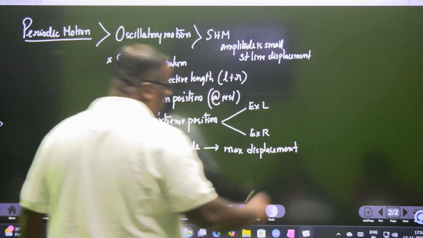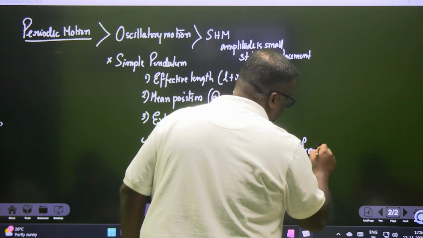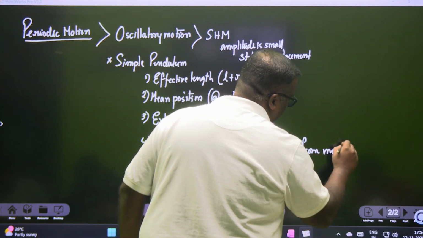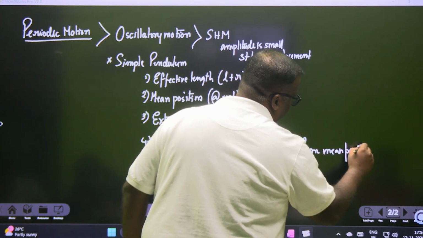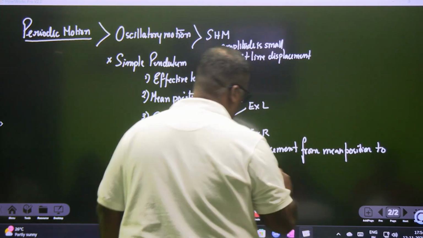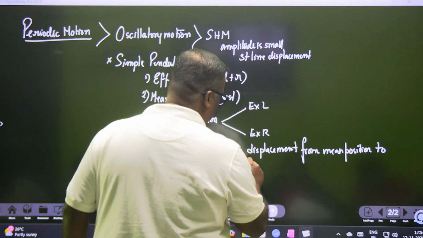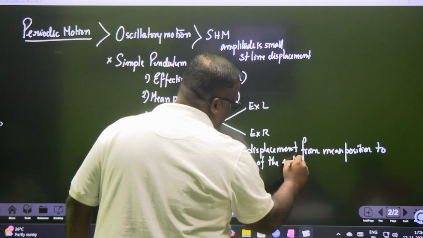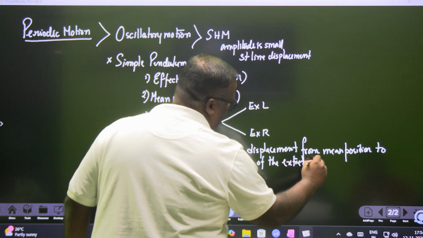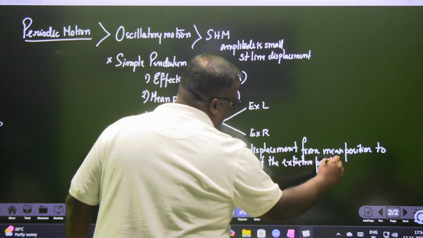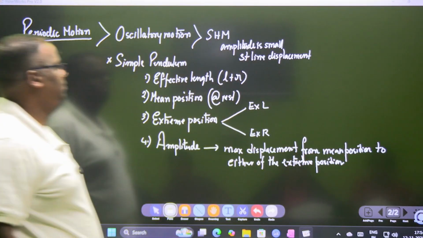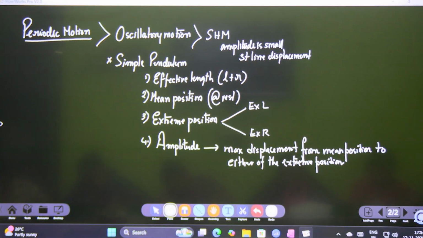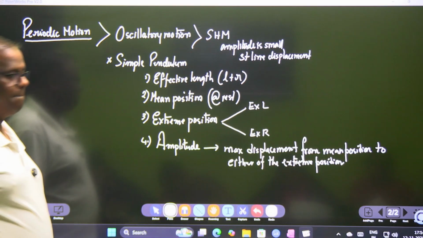Maximum displacement from the mean position to either of the extreme positions. Fine, this is clear now. Okay?